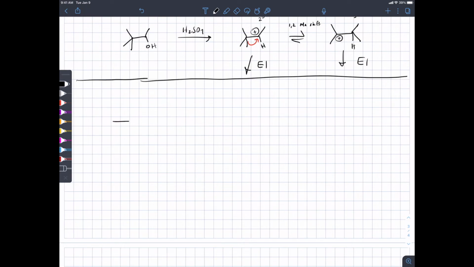So here is the epoxide. It is a 3-membered ring containing oxygen. It's an ether. It's a cyclic ether. We'll usually draw it like this. This molecule is called ethylene oxide and is actually used industrially in polymerization reactions.